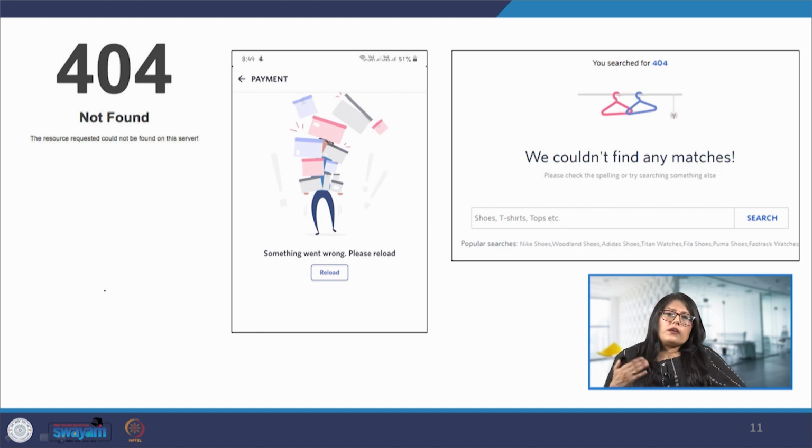So it is sort of taking the blame on itself, and that leaves the user not feeling unintelligent or feeling negative about themselves. So how we are communicating with the user becomes very important.